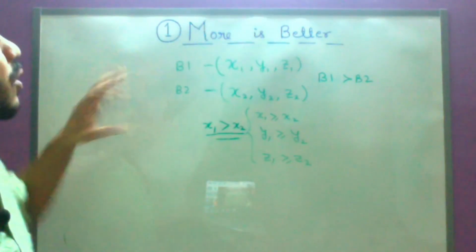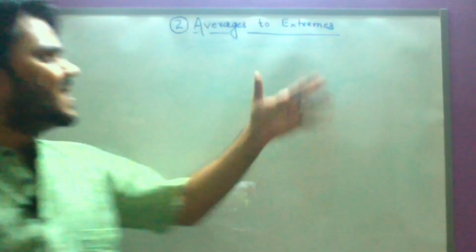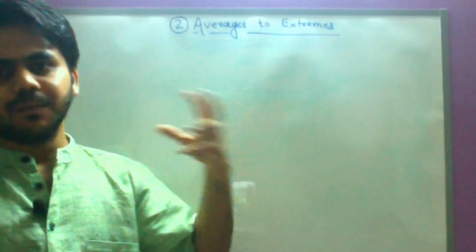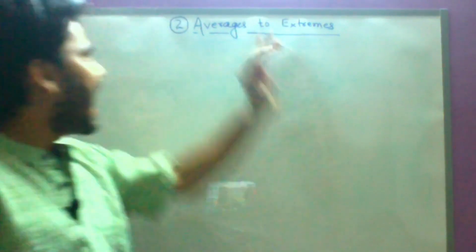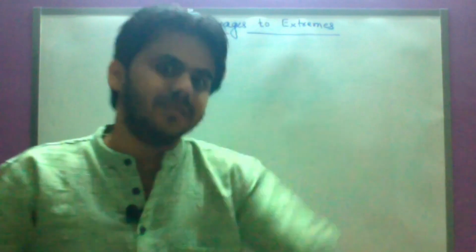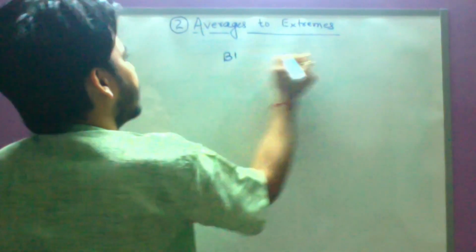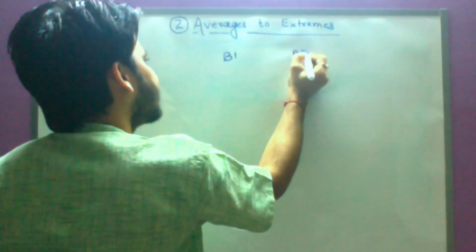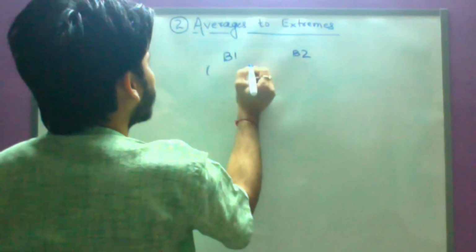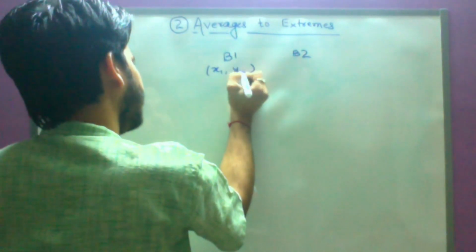Now let's move to the next one. The second assumption for well-behaved preference is averages are preferred to extremes. What does this mean? Let's say you have two bundles, bundle 1 and bundle 2, and just for the sake of simplicity, we have just two goods. This will have x1 and y1.